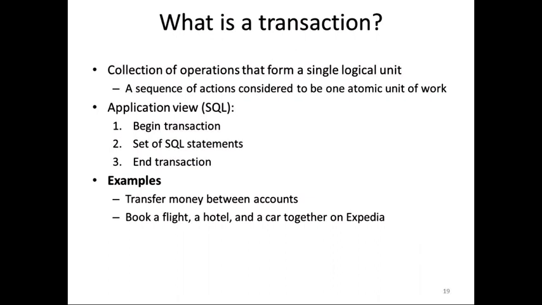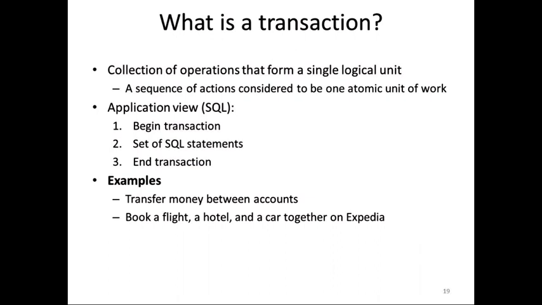Well, simply put, it's a collection of operations that together form a single logical unit of work, an atomic unit of work. Atomic in the sense that a transaction must be executed all or nothing.